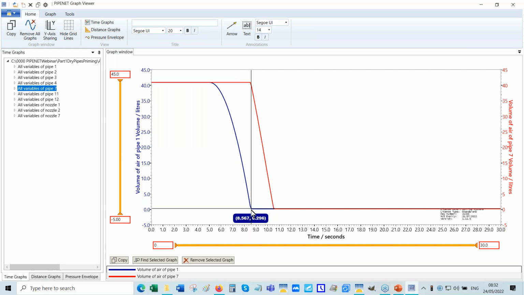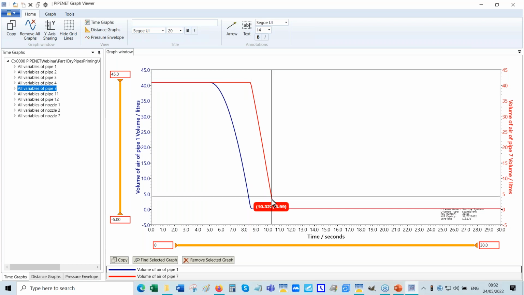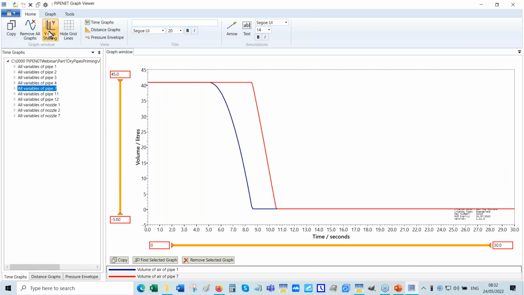But in fact, as soon as the air is expelled from the first pipe, the second pipe's air starts getting expelled too. You can see that the axes have different scales, and you can actually combine them so they have the same scale. And the next one is pipe 11.